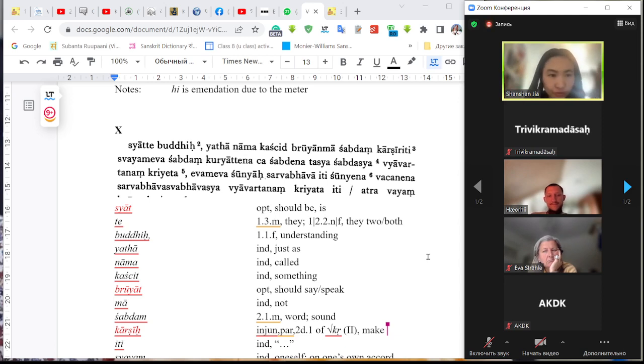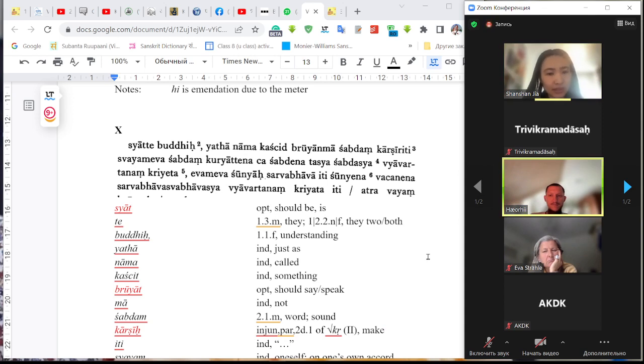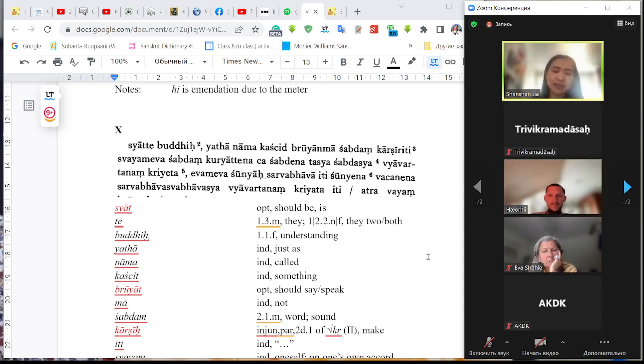So it's short for that one, which means somebody might say, do not make any sound. So this is what is in the mind of Nagarjuna's opponent. He is assuming that Nagarjuna might behave or think in the same way as somebody who says "Ma shabdam karshihi." So why is it like this?